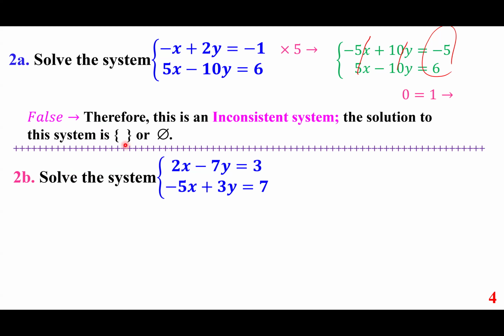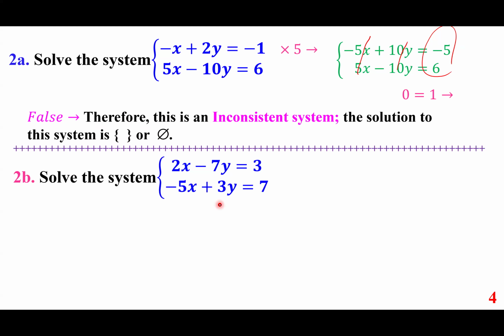The solution to this system is an empty set. So these are the notations for empty set. This is phi. This is a couple of braces with nothing in it. Now, if you were to solve for y, in each case, you end up with lines having the same slope, different y-intercepts. What about this one?